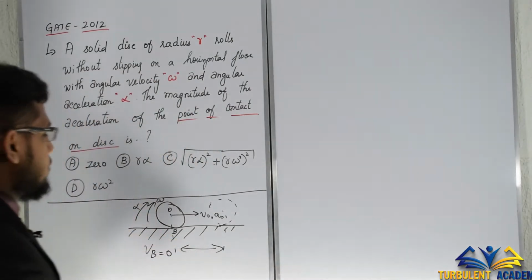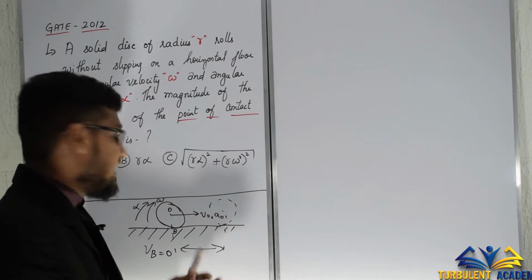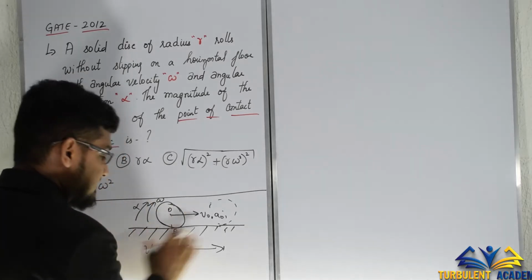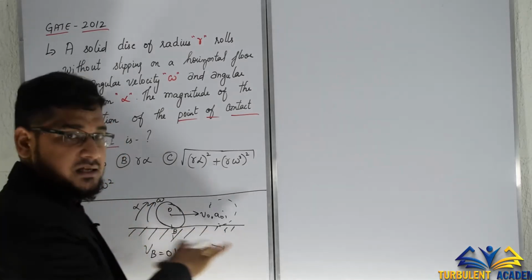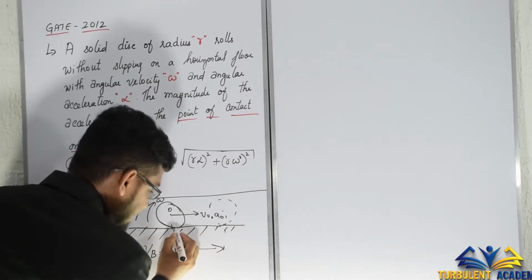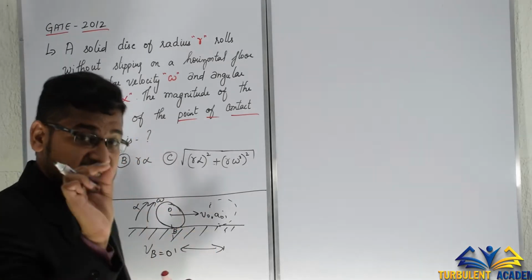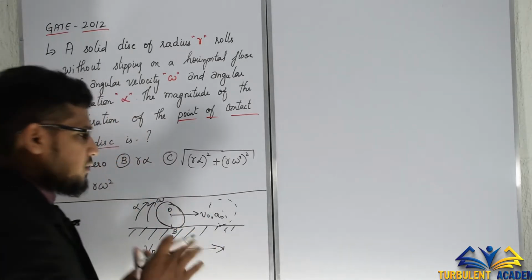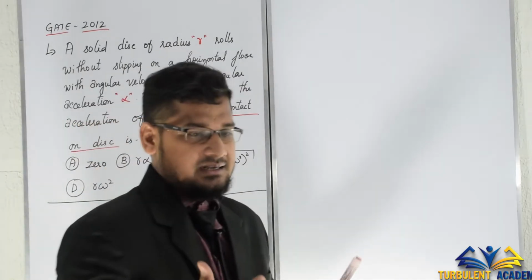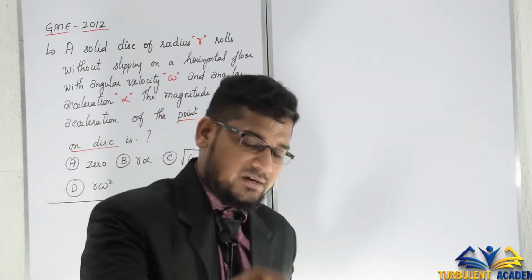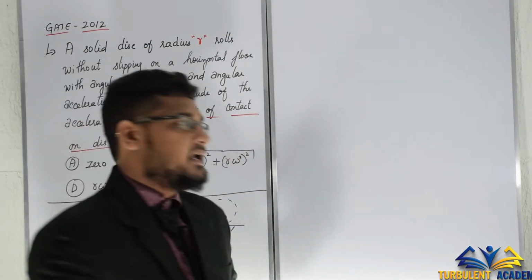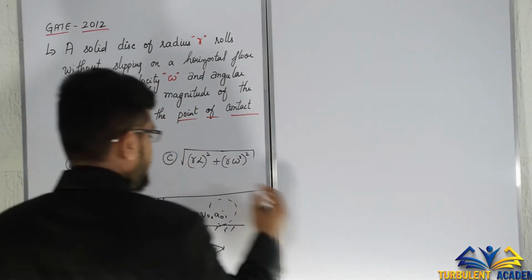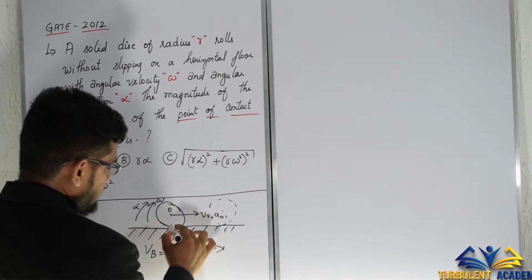But pure rolling happens because this disc is in contact with the stationary ground. This particular point is going to be 0, and we are going to have lots of velocity profiles, and we have given you a PDF document which you can download from the description, with a velocity profile for this particular thing, which goes like this.